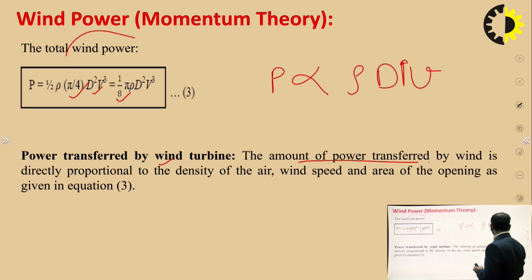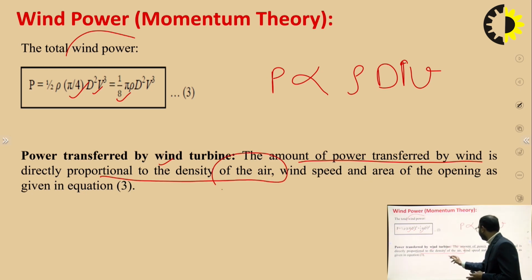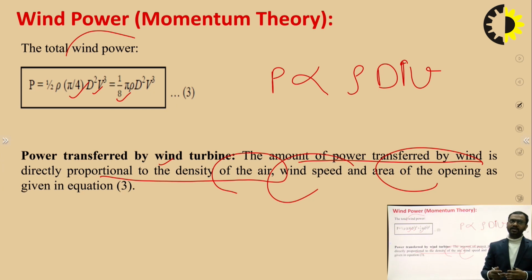The amount of power transferred by wind is directly proportional to the density of the air, wind speed, and area of the opening as given in equation 3. It means the higher the wind speed and the higher the diameter of the turbine blade, the higher the total wind power.